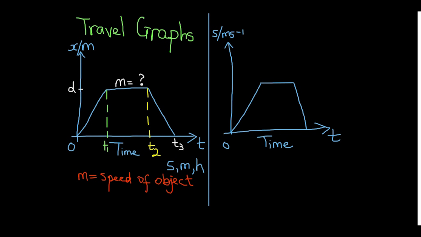Okay, so she says the car is at rest. The car isn't moving. So I have a question. It comes back again to what we were just talking about. What is the gradient of this point here between T1 and T2?